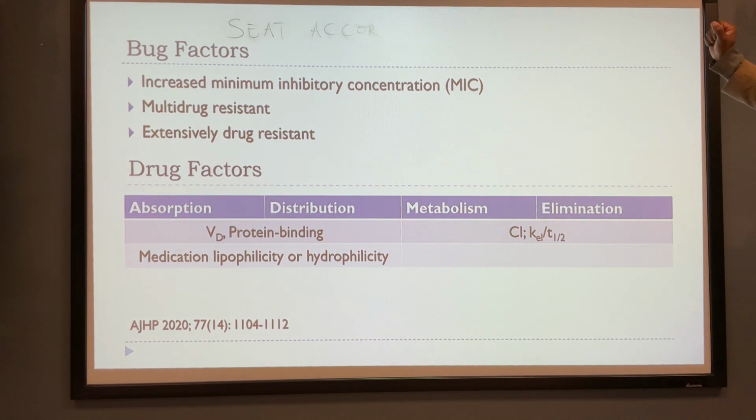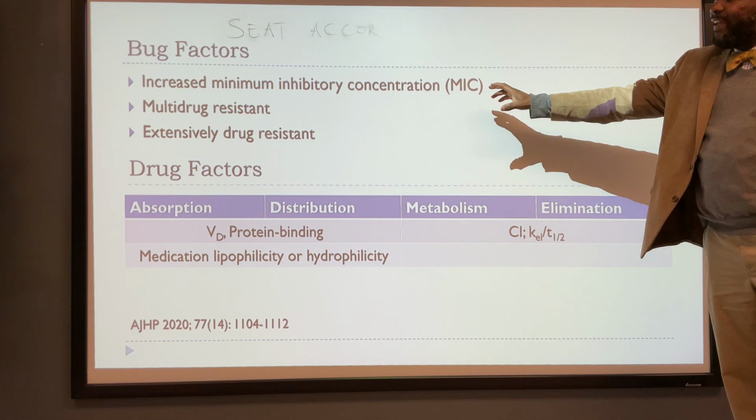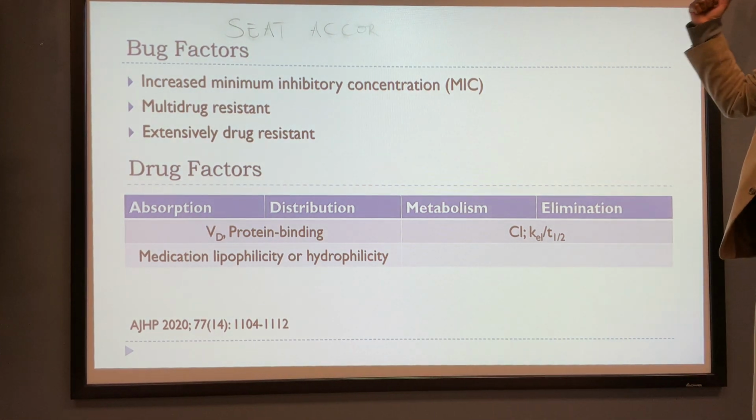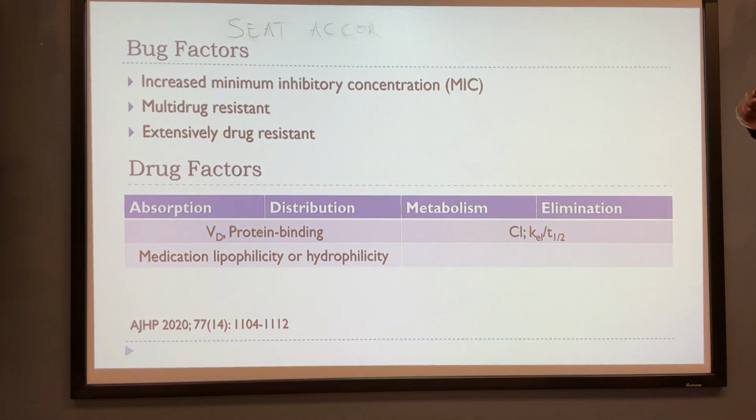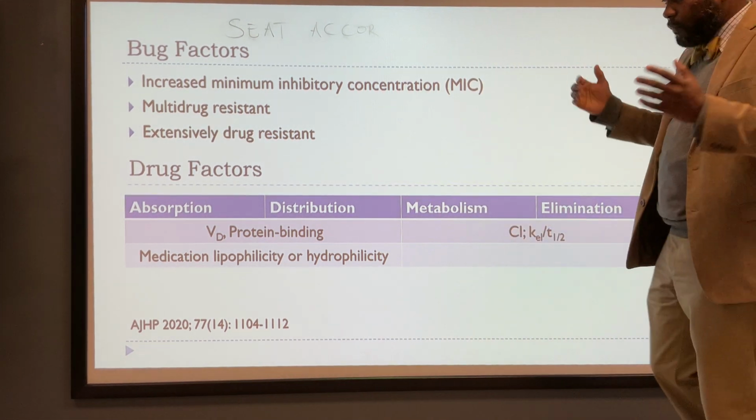So the interface between what you'll receive in the lab and what concentrations you'll be shooting for makes sense, because there are different factors for the bug.